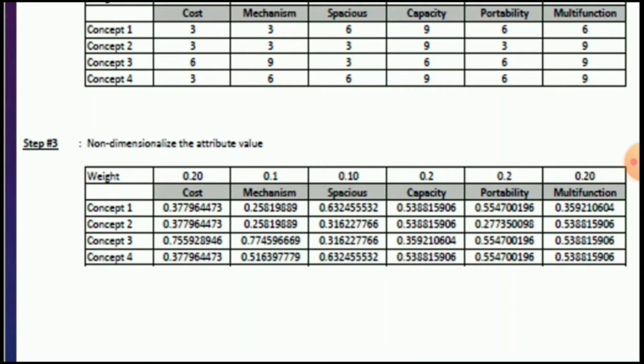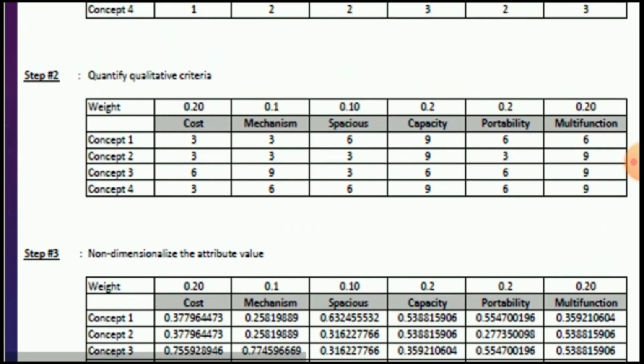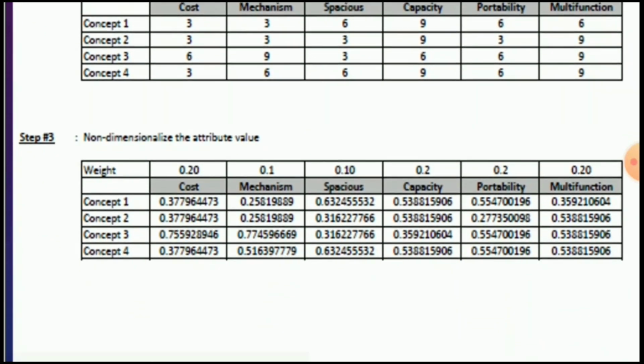This comes back to step number 2. Under criteria cost versus concept number 1, you will have a score of 3. So you take this number 3, divide by the square root of 3 squared plus 3 squared plus 6 squared plus 3 squared, and finally you get the number 0.37796.